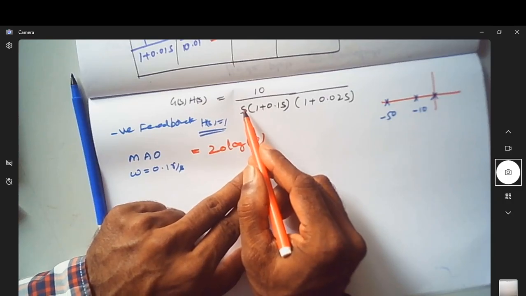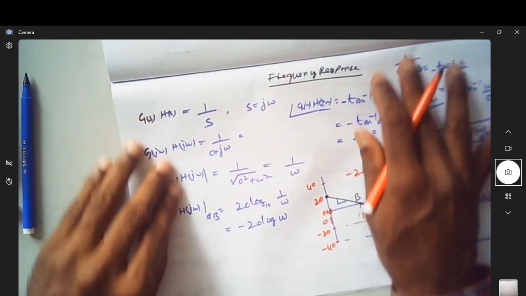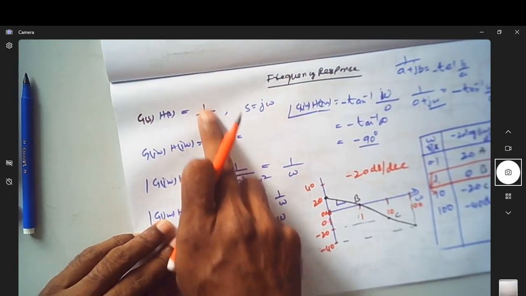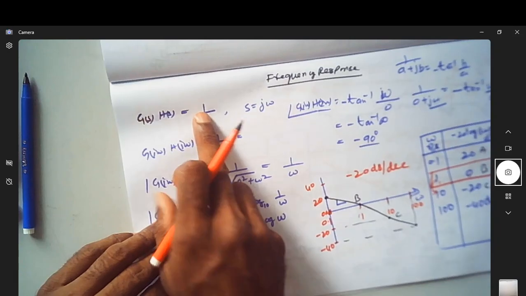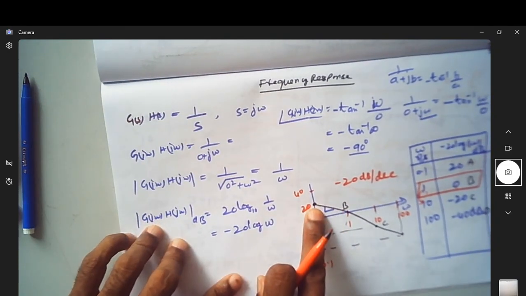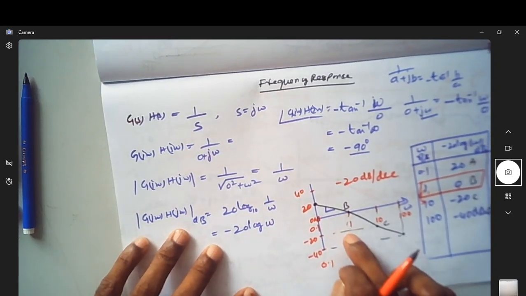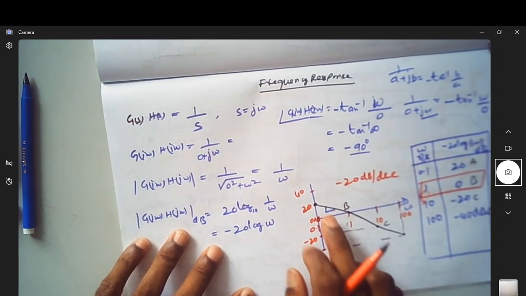Coming to the 1 over S term, as we saw in the video where we discussed the frequency response of the 1 over S term, its contribution is not 0 dB at any point except at omega equal to 1 radian per second.